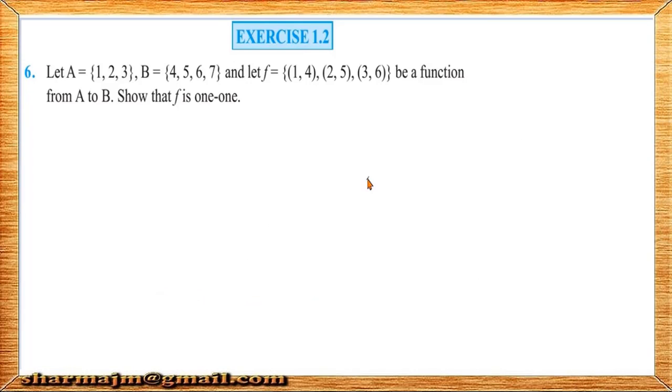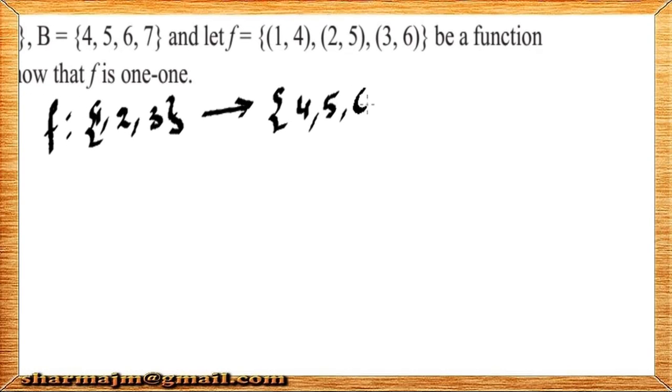नेक्स्ट, द क्वेश्चन नंबर 6 of exercise 1.2. So solution. Here f is a function from set A to B. तो हम यहां पर लिख लेते हैं set A 1, 2, 3. And set B containing elements 4, 5, 6 and 7.